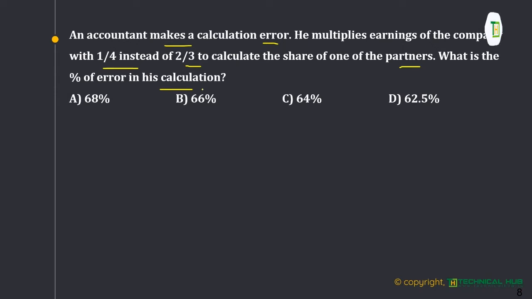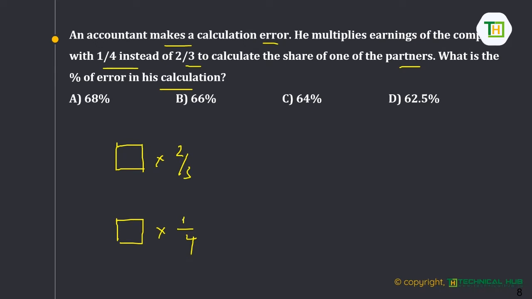He actually had to multiply the company earnings with 2 by 3, but multiplied with 1 by 4. Then what is the percentage error they're asking?